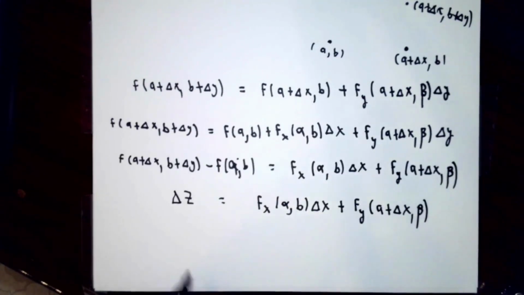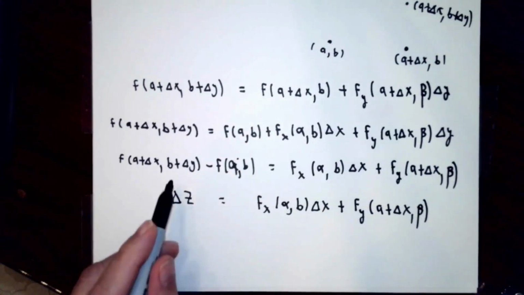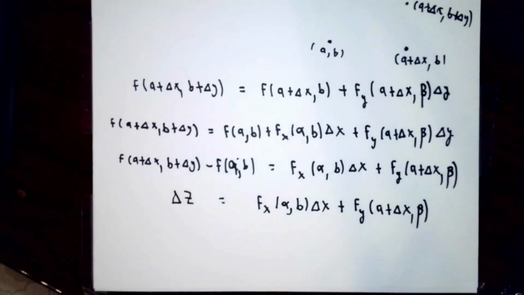This tells me that delta z, the actual change in function value, is exactly this quantity for some number alpha between a and a plus delta x, and some number beta between b and b plus delta y.